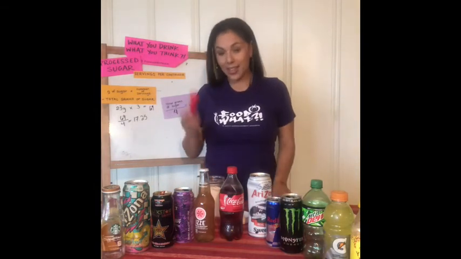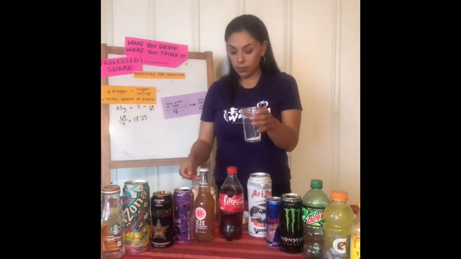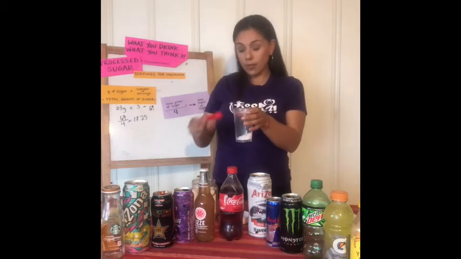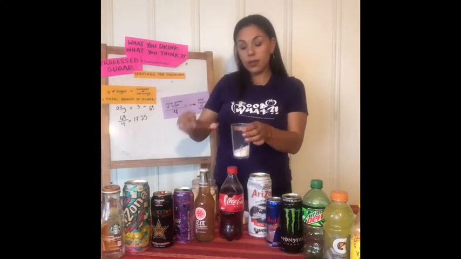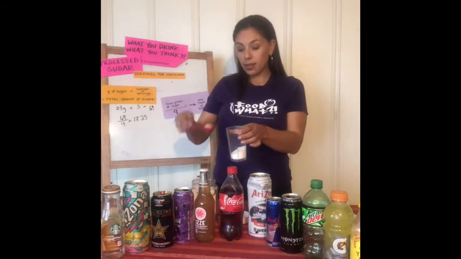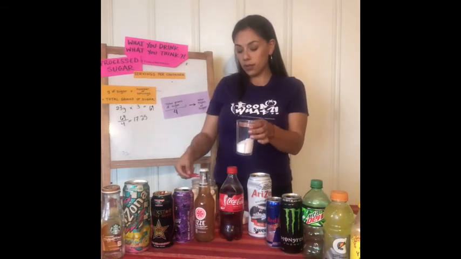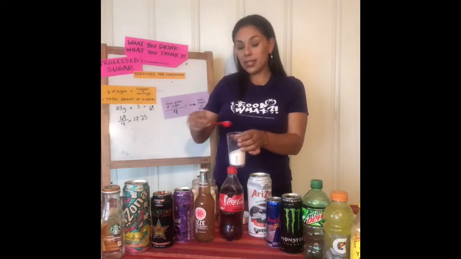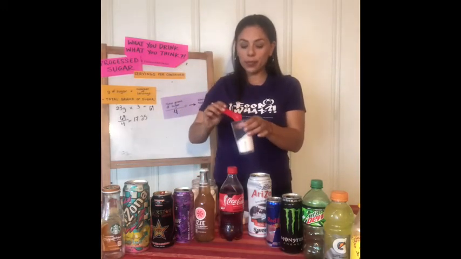So what does that look like? Here's my teaspoon, here's my white sugar. 1, 2, 3, 4, 5, 6, 7, 8, 9, 10, 11, 12, 13, 14, 15, 16, 17, and just a quarter of a teaspoon.